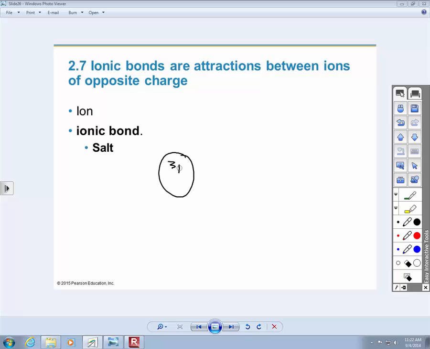Now, lithium has 3 protons. It has 4 neutrons. How do I know that? Average mass is 7 atomic mass units. If you look at that on the chart, it says 6.941. Round it to the nearest whole number. That's 7.